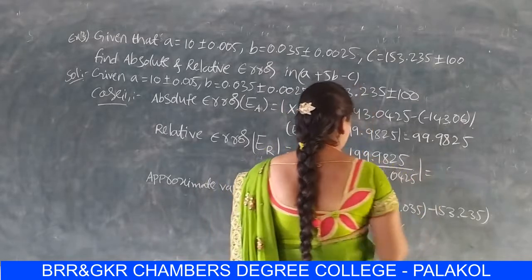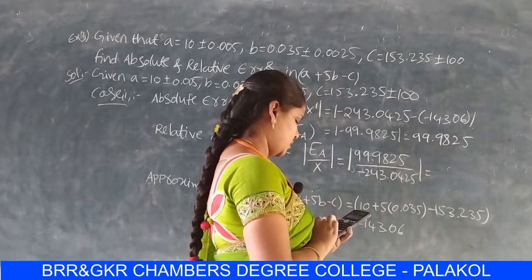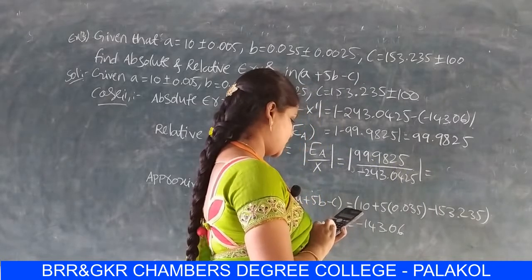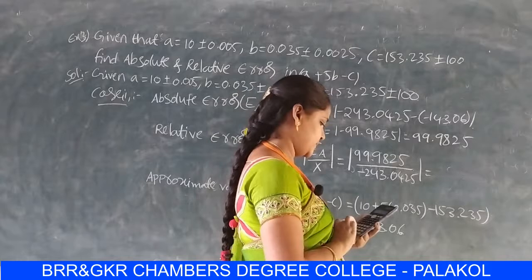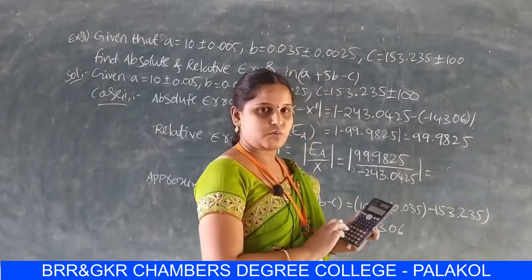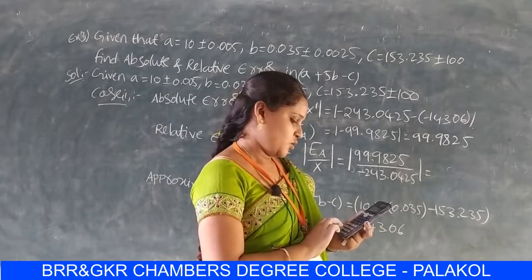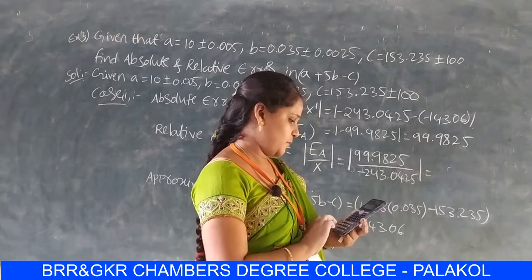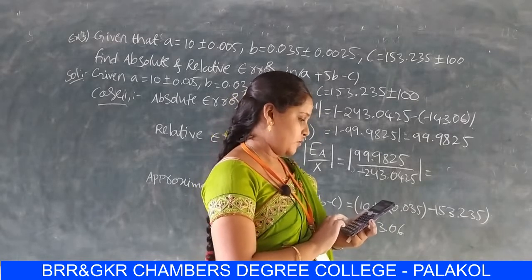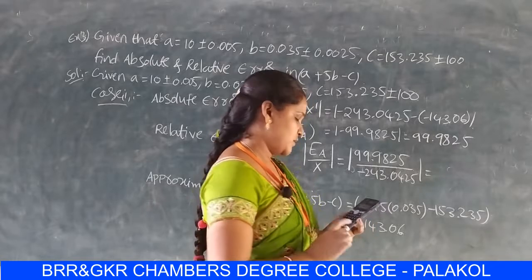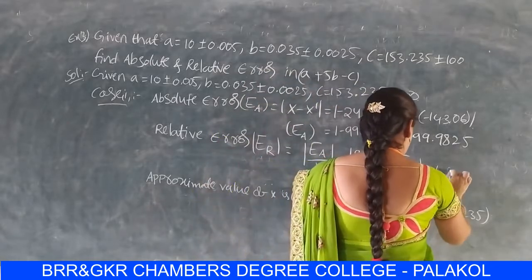So we solve this value on the Casio calculator: 99.9825 divided by minus 243.0425.